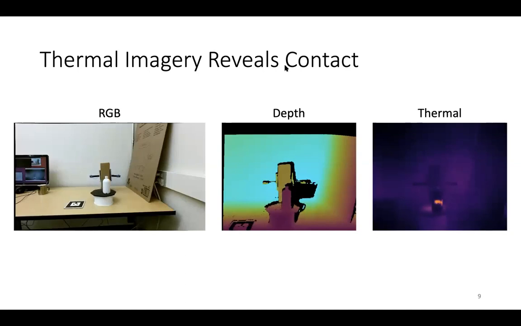You can see that the data from the thermal camera, very surprisingly, reveals the contact that happened between the hand and the object, which is completely hidden in the RGB and depth modalities. This is the effect that we use to capture contact. The contact is captured after the grasp. It's not a live capture of the contact, but it still offers a really good source of contact ground truth.